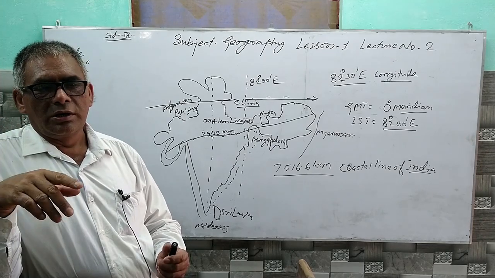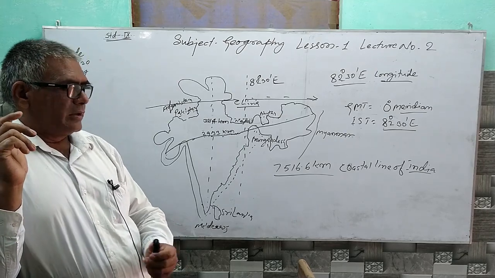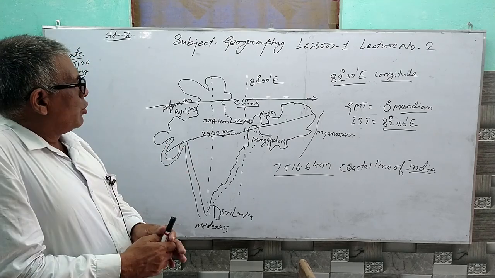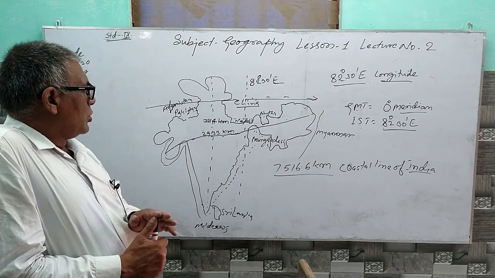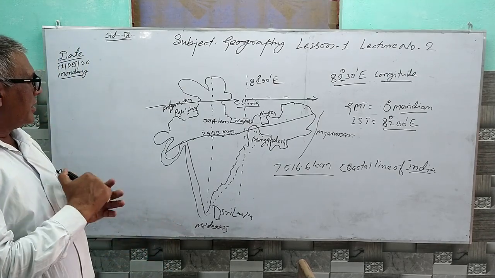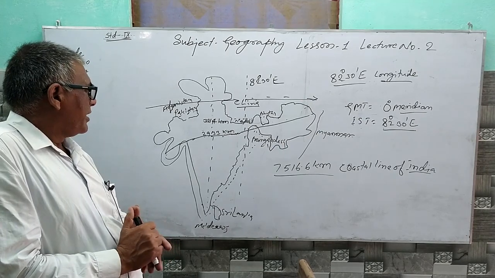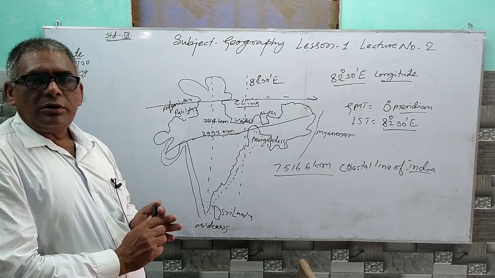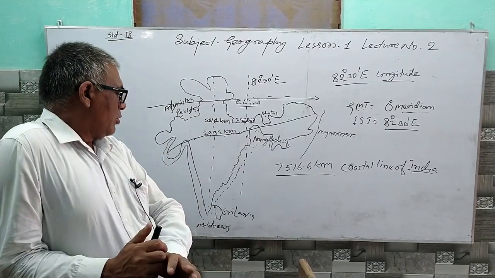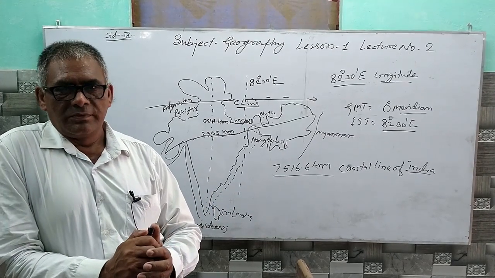So the land route was developed earlier than the marine route. So the marine route is newer and the land route is older for India. You will read about the importance of this location of India on the top of the Indian Ocean in the next class. Thank you.